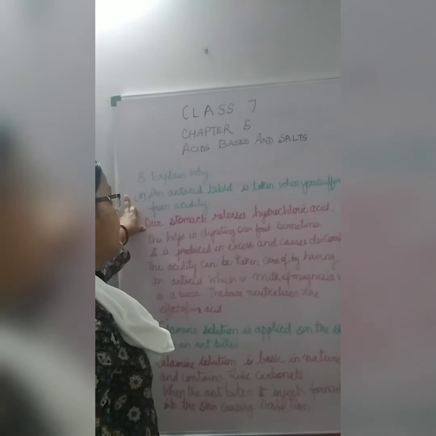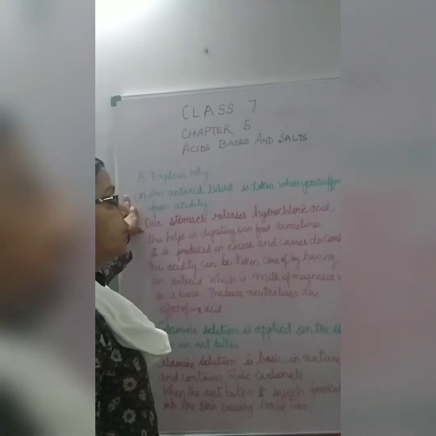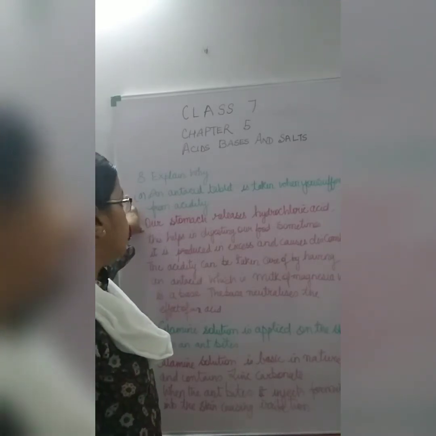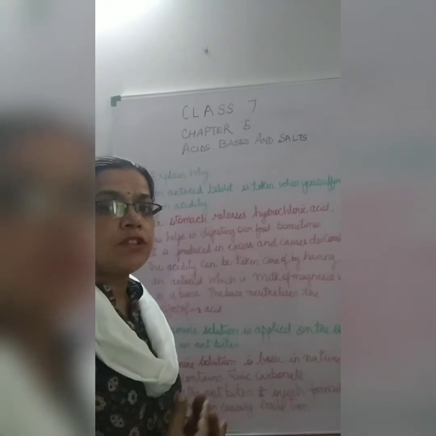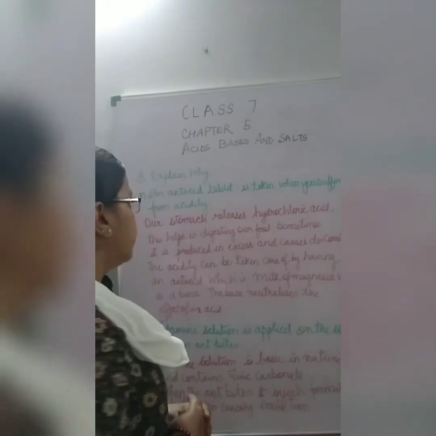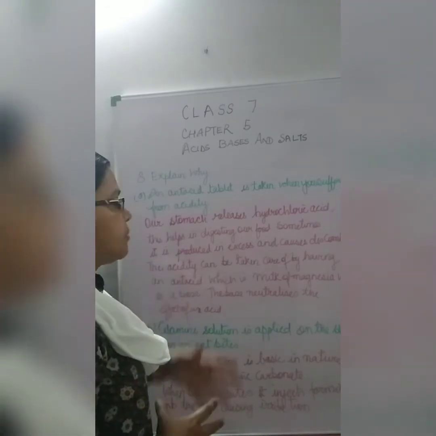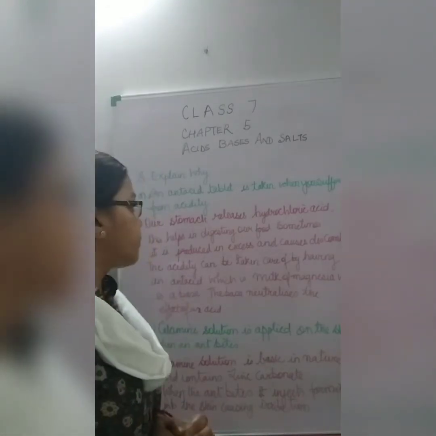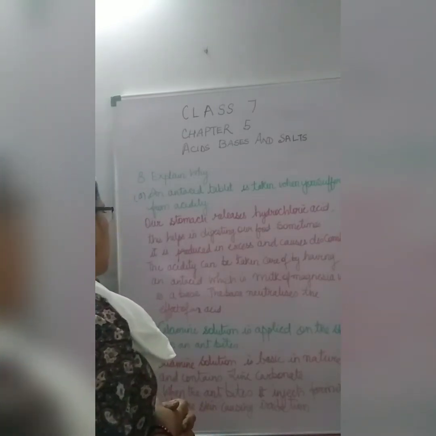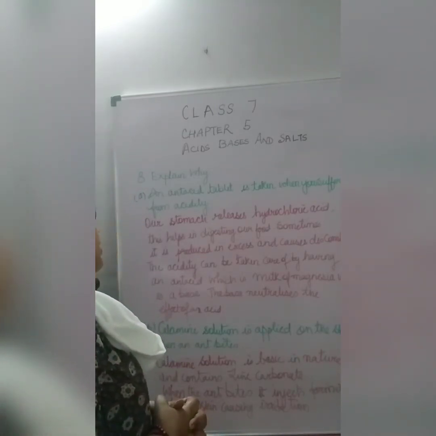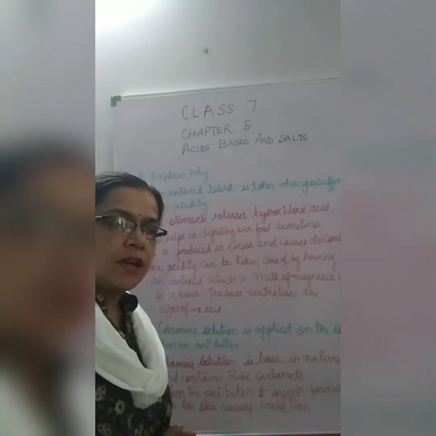Explain why an antacid tablet is taken when you suffer from acidity. Now you should know that our stomach releases hydrochloric acid which is meant for digestion of the food. Sometimes it might be produced in excess and it causes discomfort in digestion, and this acidity can be taken care of by having an antacid.